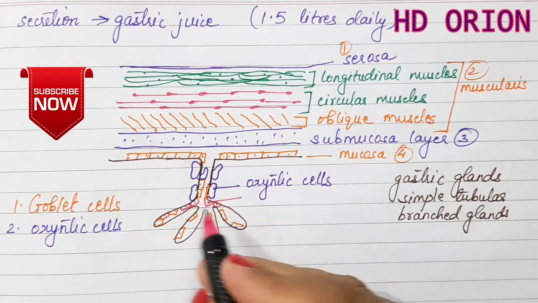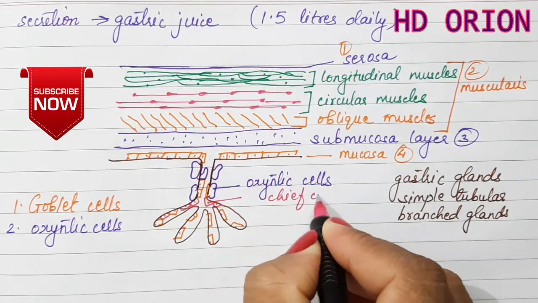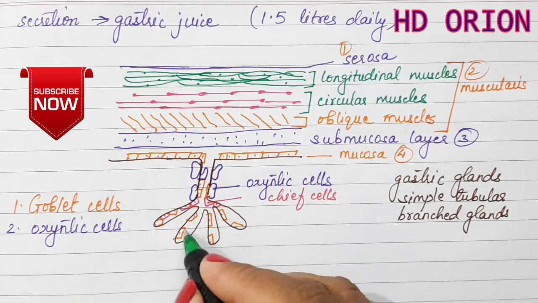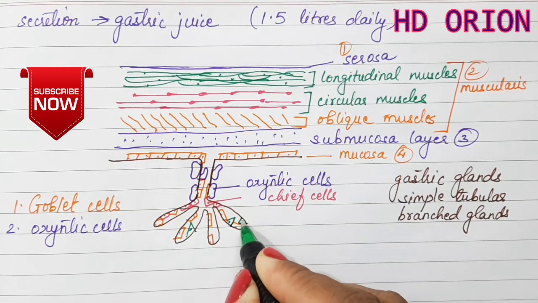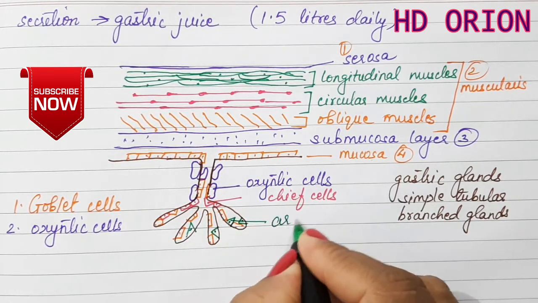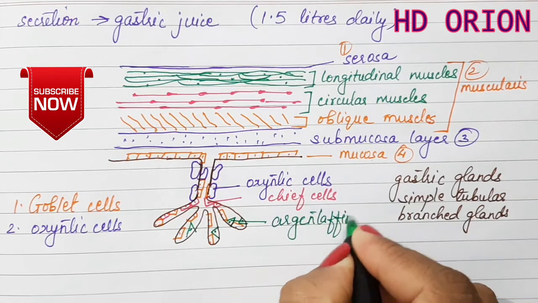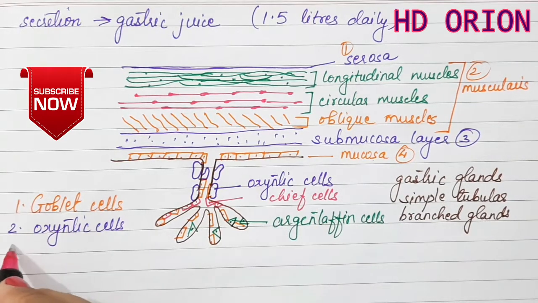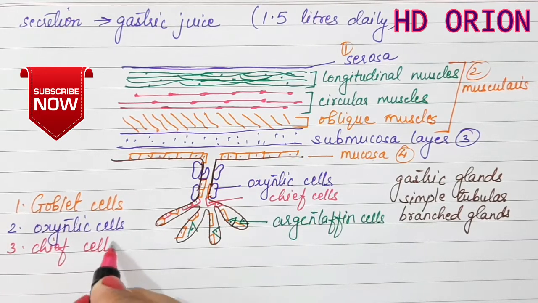These which are made in pink are the chief cells. There are certain triangular cells which are known as argentaffin cells. I'll write over here. The third type of cells are the chief cells.